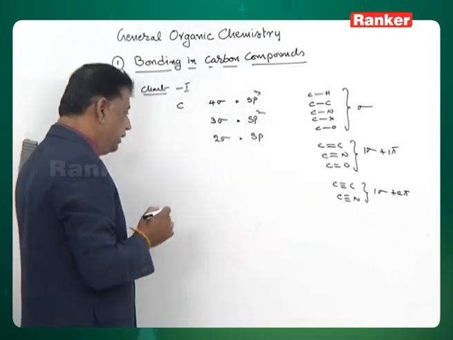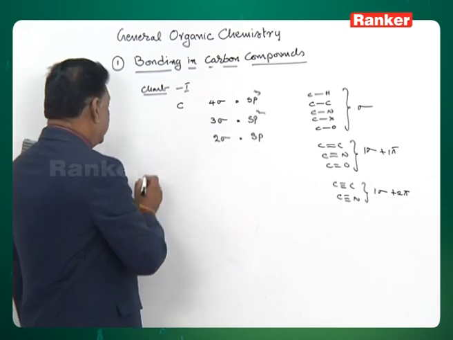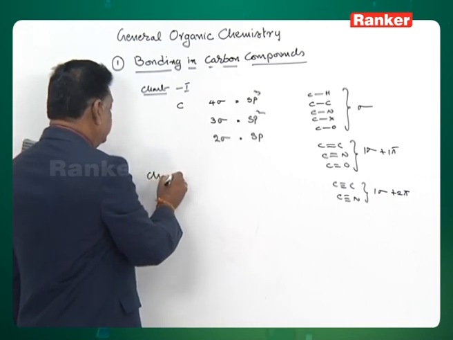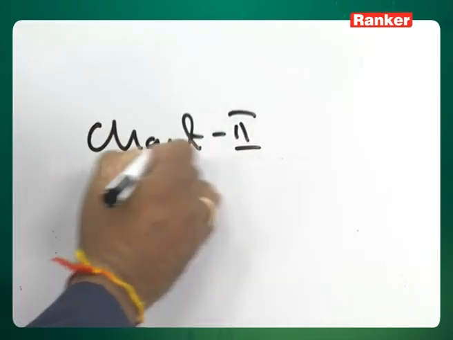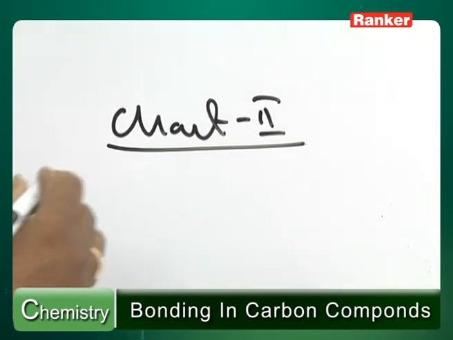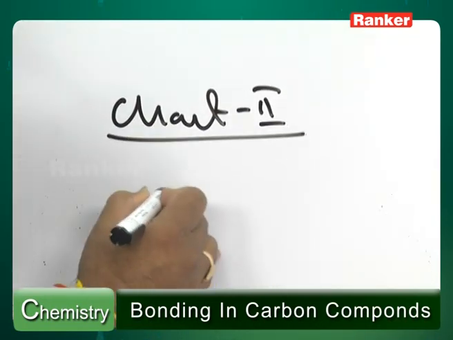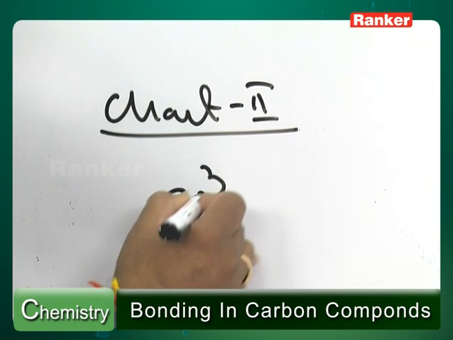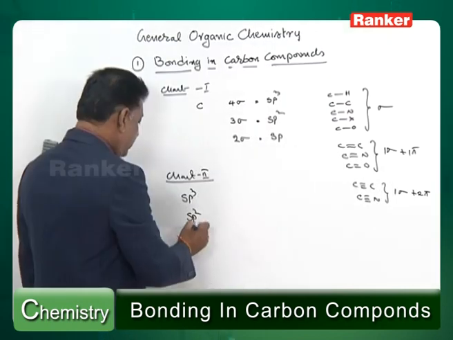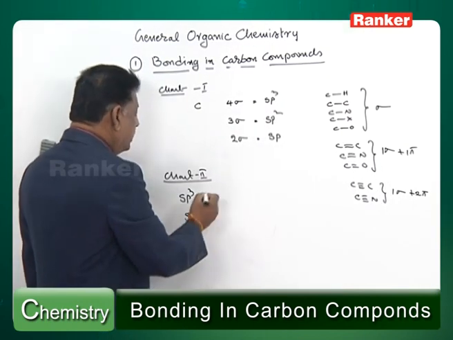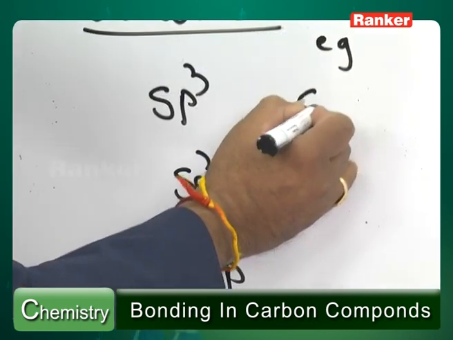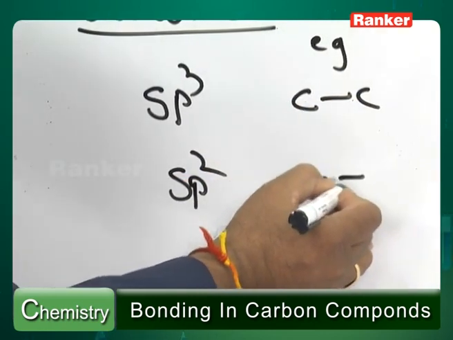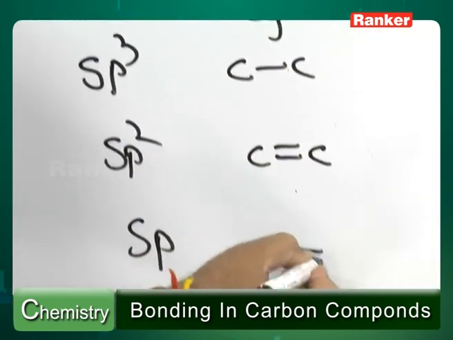You can take another type of chart, wherein you take the different hybridizations versus examples: the ethane molecule, ethylene molecule and acetylene molecule.